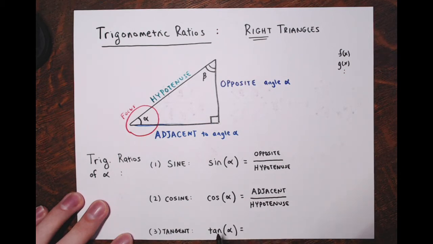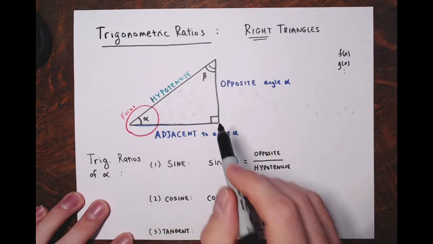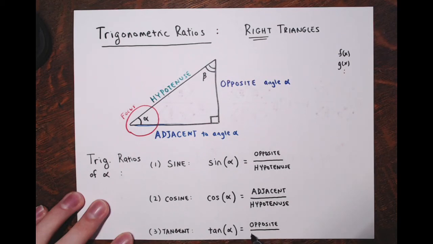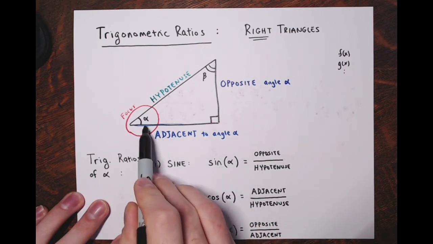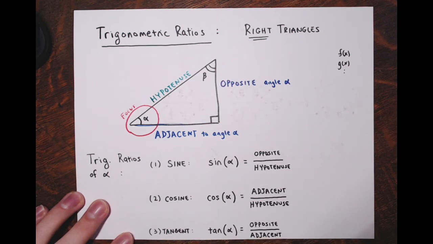The tangent of alpha is defined to be the length of the opposite side, the side opposite alpha. So again, the length of this opposite side of alpha divided by the length of the adjacent side, the one touching alpha, that's not the hypotenuse.